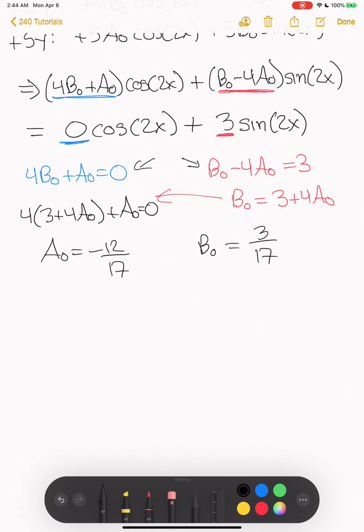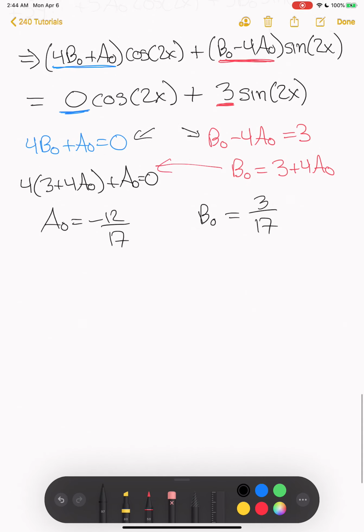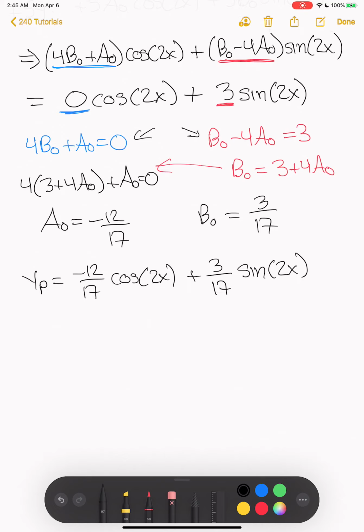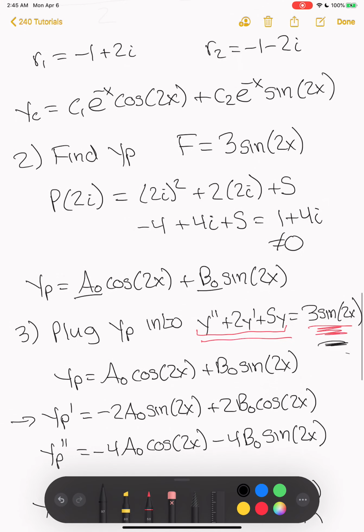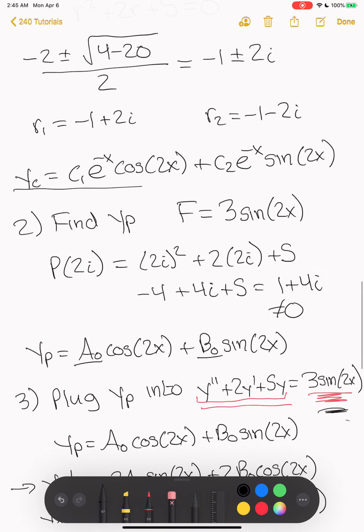Okay, so I know that this combination of a naught and b naught gives me exactly what I need on the right-hand side. So I say that my particular solution is negative 12 over 17 cosine of 2x plus 3 over 17 sine of 2x. Okay, and finally, coming to a close here, we combine that with our complementary function here.